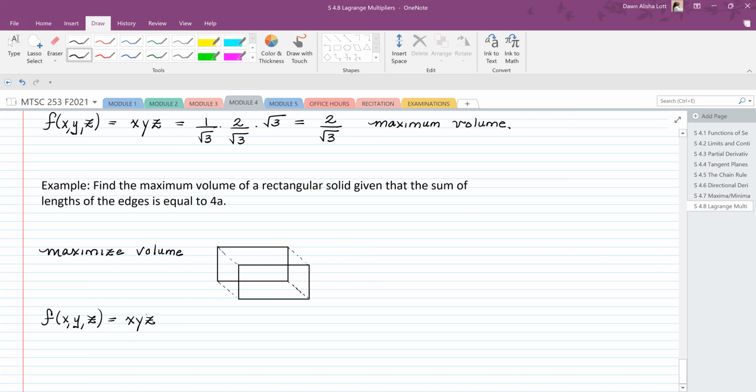Now, what's your constraint? The lengths of all the edges is equal to 4a. All right, so here's one edge, X, here's another edge, Y, here's another edge, Z. So how many edges do you have?